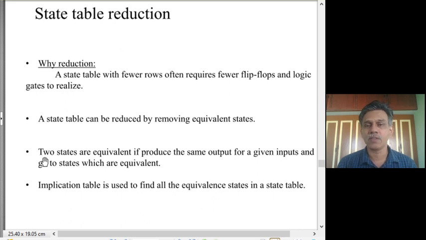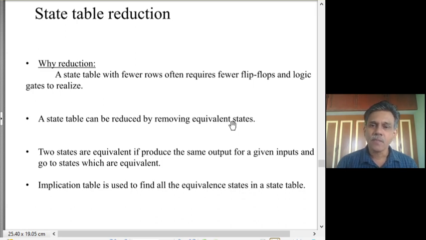All other elements of that group can be eliminated and only one retained. This way you can eliminate states and retain only the minimum number of states that you would require. That is all state table reduction boils down to. So a state table can be reduced by removing equivalent states.